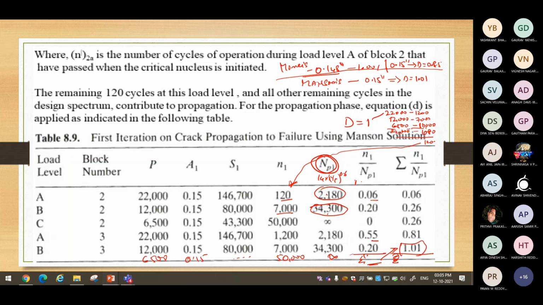Theoretically, yes. In the practical scenario, the component is already having the crack, which is propagated to the fracture level. You can see it is propagated to the fracture, where the moment it is said D equal to 1 for propagation, D_P, propagation life achieved 1, means the crack is propagated fully, it is done, it is fractured. Then there is no way I can apply 6,500 load in a practical case.